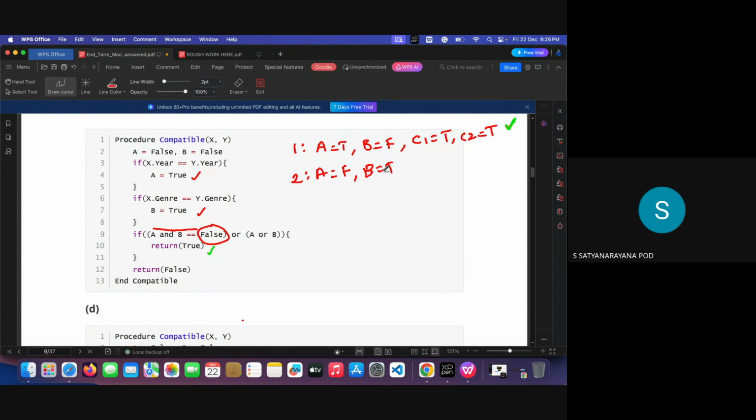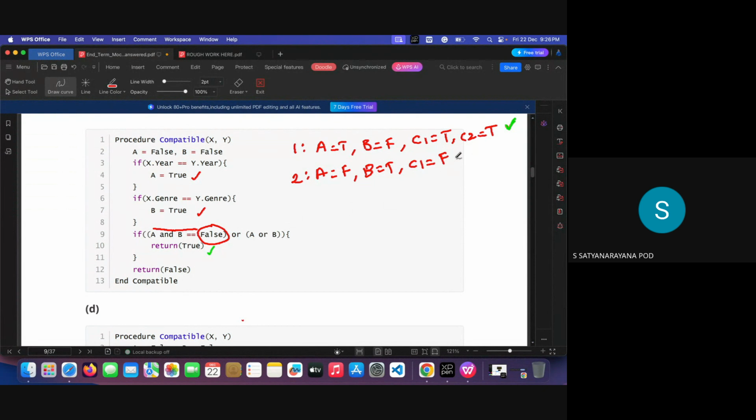Is it clear? Okay. Now let me consider the C1 condition. What C1 checks is whether my A value is true or not. It's false. Is B value equal to false? No. So definitely false and false. False and false, what does it return?